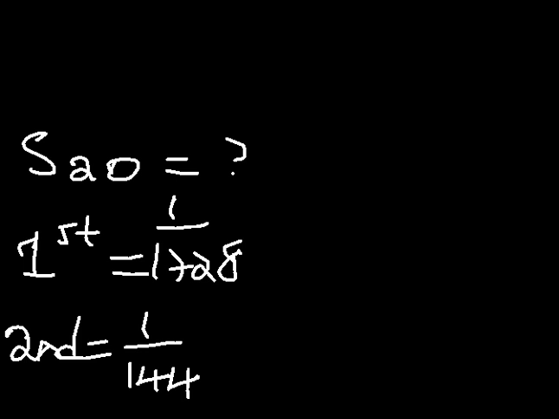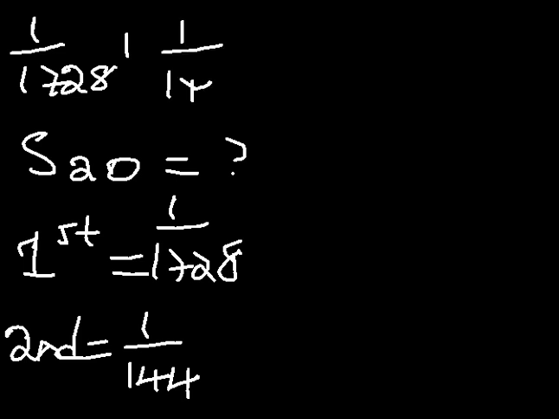In this case, we have the first term, 1 over 1728, comma, we have 1 over 144, and also comma, 1 over 12. And they can keep on going in this case.